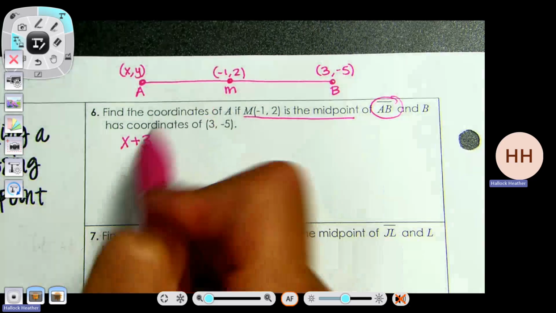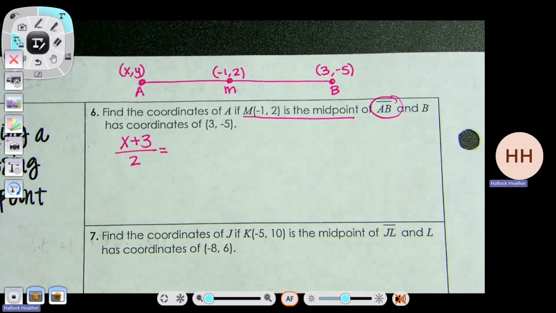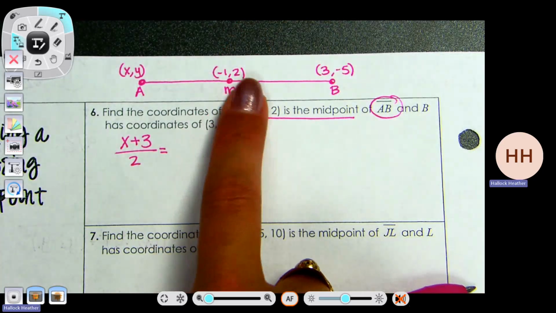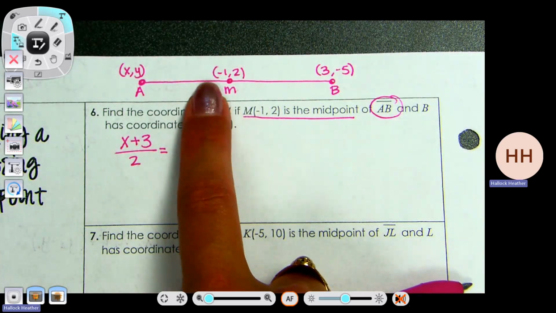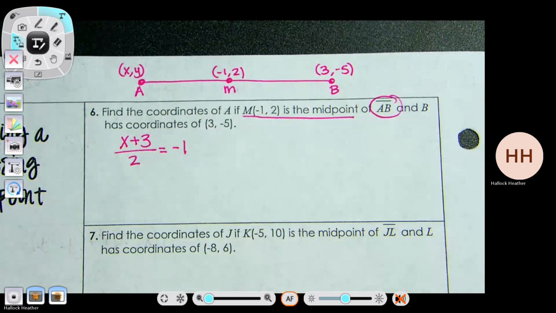This time I know where I should end up. In the middle, will my X end up at 2 or at -1? -1, because it's X. So we're going to make an equation and work backwards.